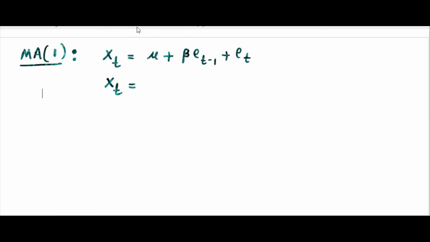Xt minus mu we'll find, and we'll take common in a similar way. Xt minus mu, you take common, you write B et. So you will get (beta B plus 1) et.